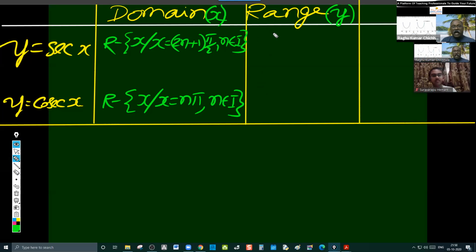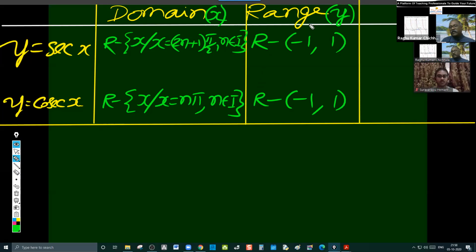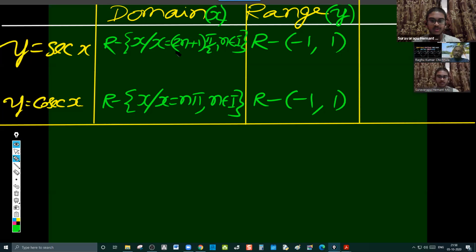Because they lie between minus 1 and plus 1, their reciprocals will never lie between minus 1 and plus 1. Very simple understanding and easy to remember also. Like if you say, for example, sine x is 2 by 3, what is cosecant x? 3 by 2.